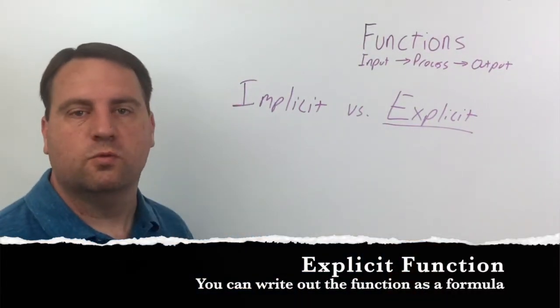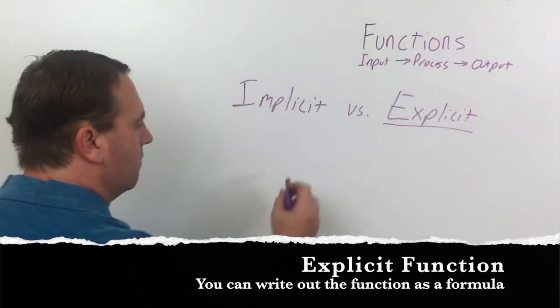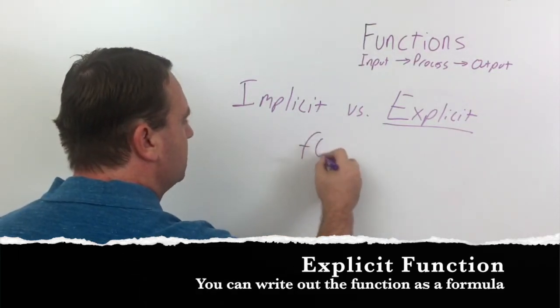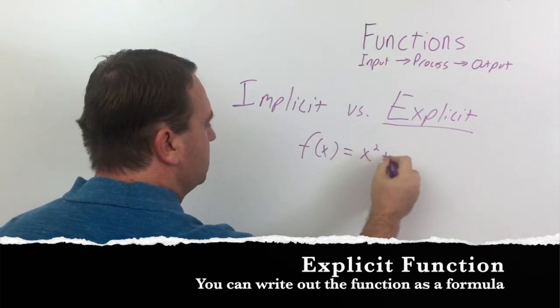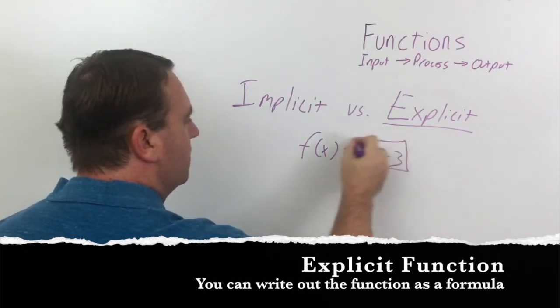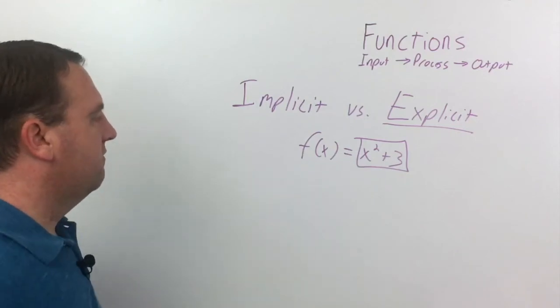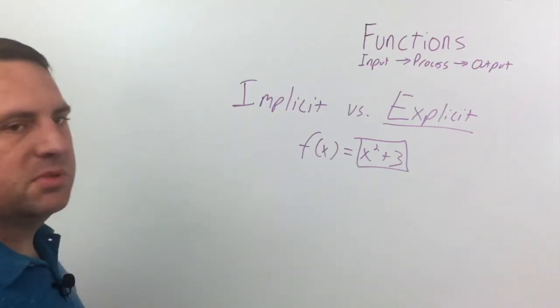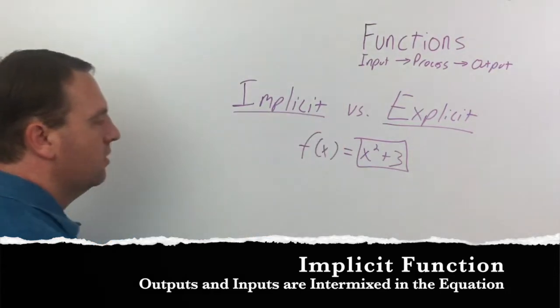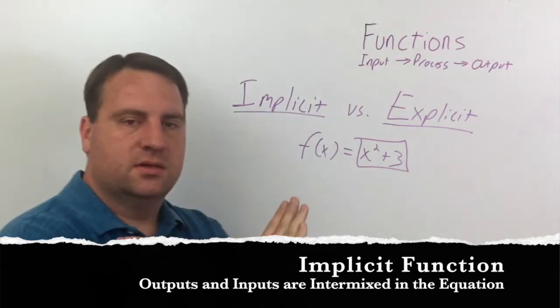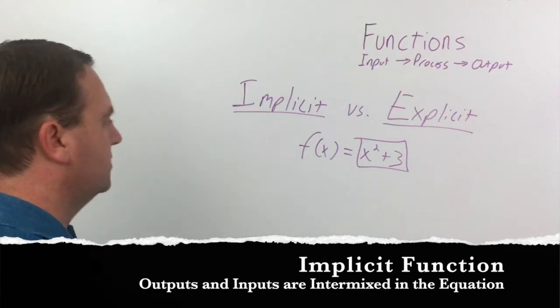This is where you can actually write out f of x equals x squared plus 3. We wrote out the machine for the function. That's an explicit function. But in an implicit function, what we do is we intermix the outputs and the inputs.